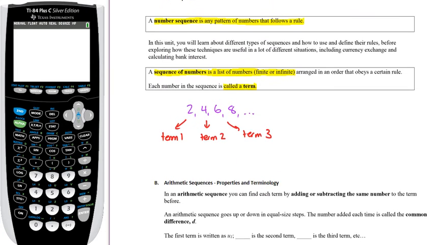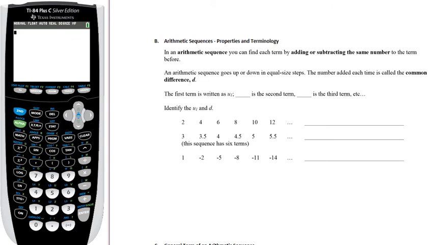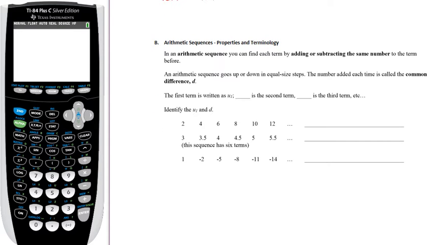In this lesson, we're going to focus on the properties of arithmetic sequences. In an arithmetic sequence, the way the pattern works is you always add or subtract the same number to get the next number in the list. Some terminology that's really important is that the number that you add each time is called the common difference, and this is represented by the letter d.